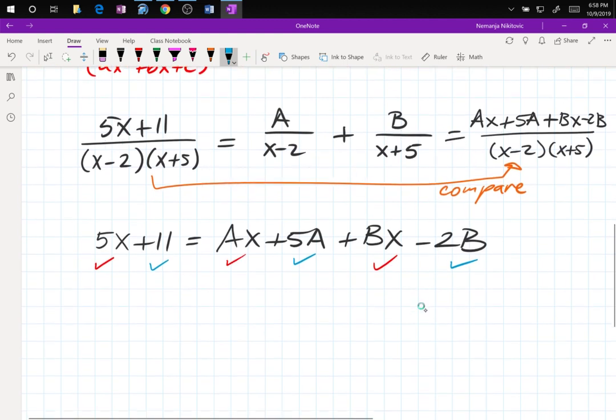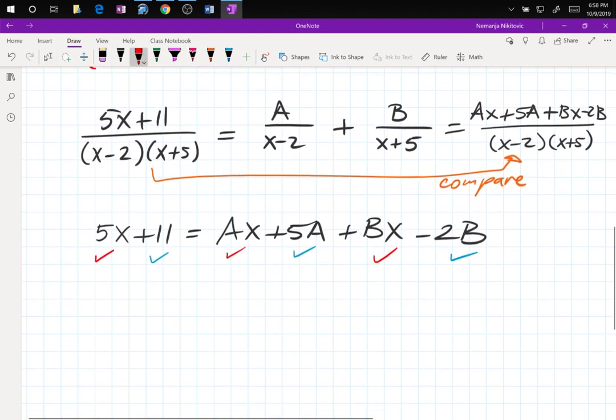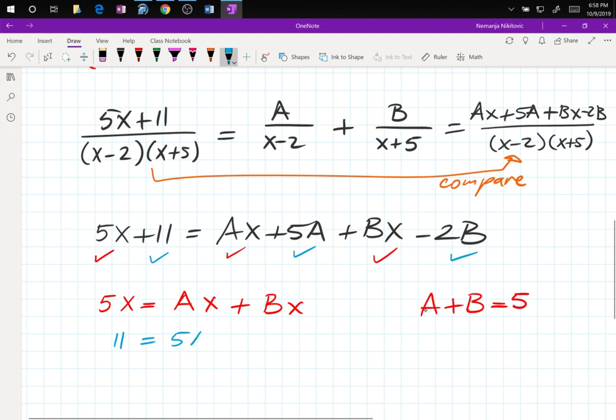Okay? So, in red, 5x is equal to Ax plus Bx. You get rid of these x's. A plus B is equal to 5. Blue equation says that 11 is equal to 5A minus 2B.